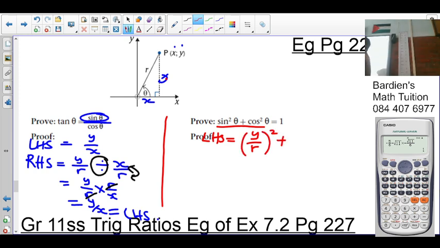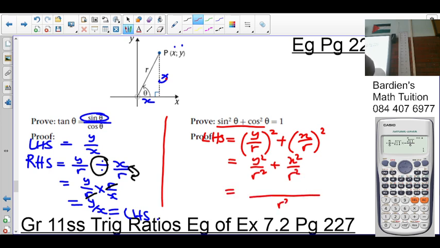Cos is adjacent over hypotenuse, so x over r, squared. In other words, y squared over r squared plus x squared over r squared, and the LCM is r squared. So it's y squared plus x squared over r squared.